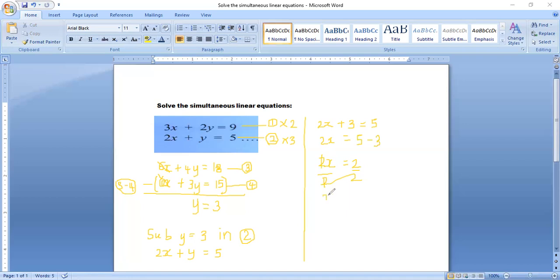So x is equal to 2 divided by 2 on the right-hand side. x is equal to 1. And there we go. We have successfully solved the pair of simultaneous linear equations using elimination. So now we can write the solution. Therefore, x is equal to 1 and y is equal to 3.